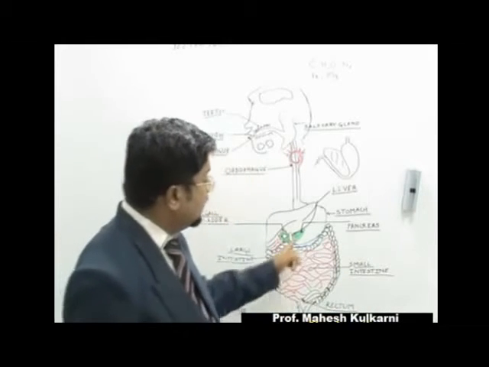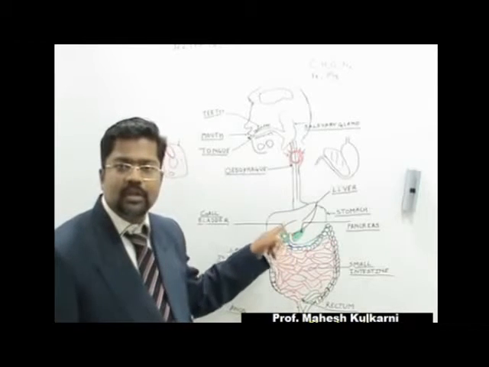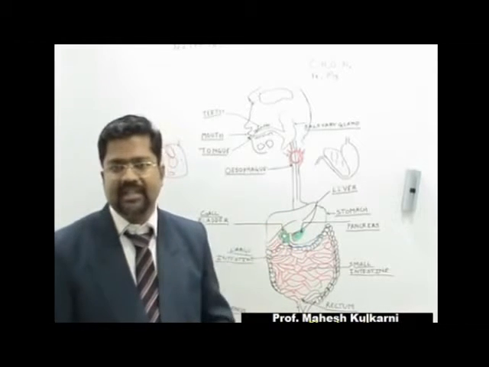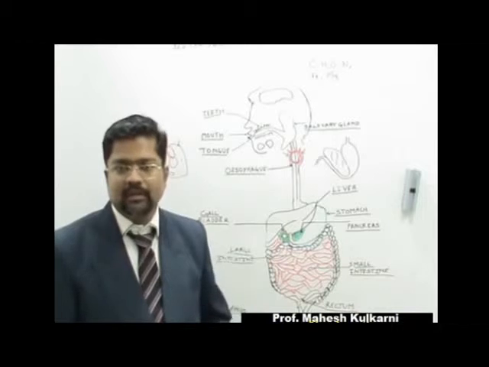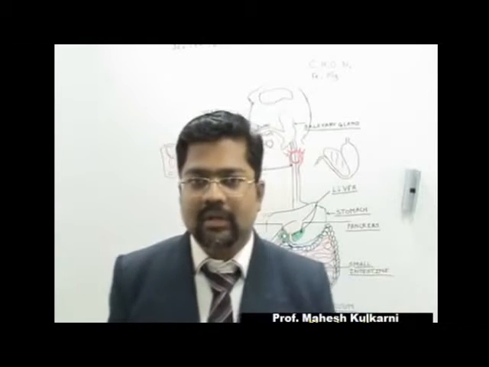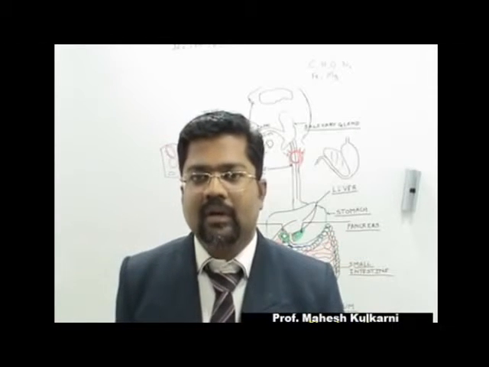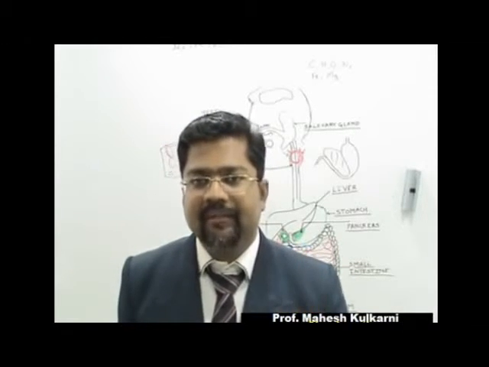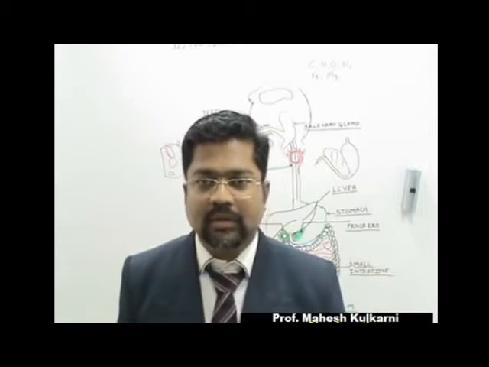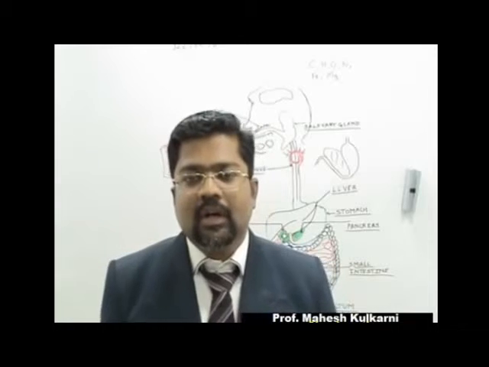Whereas because of this yellow color of bile juice, our fecal matter, feces, has yellow color. So what is the sign of jaundice? That feces does not have yellow color, but urine, liver, eyes, nails have yellow color. So this is the particular jaundice situation.